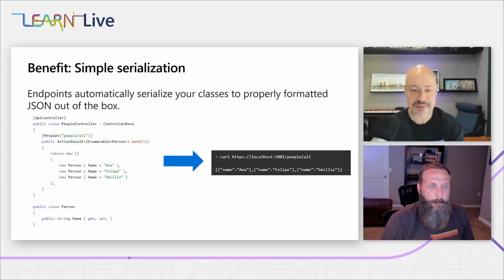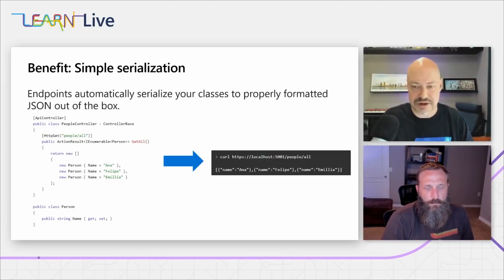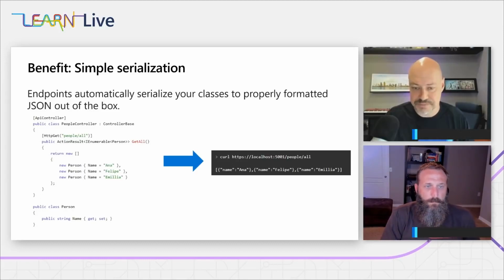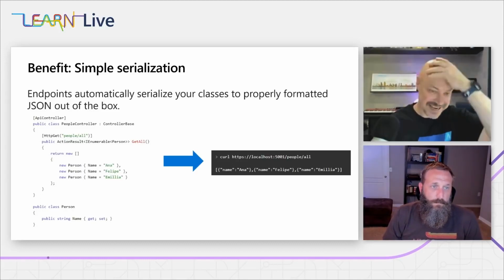So another benefit is serialization. Serialization is the thing where I've got some data on the server, I need to send it to the client, and I need to package it up in a way that they can understand. By far the most common way people are doing that now is JSON, JavaScript Object Notation. But there's also XML, and I remember writing tons of XML in the past.